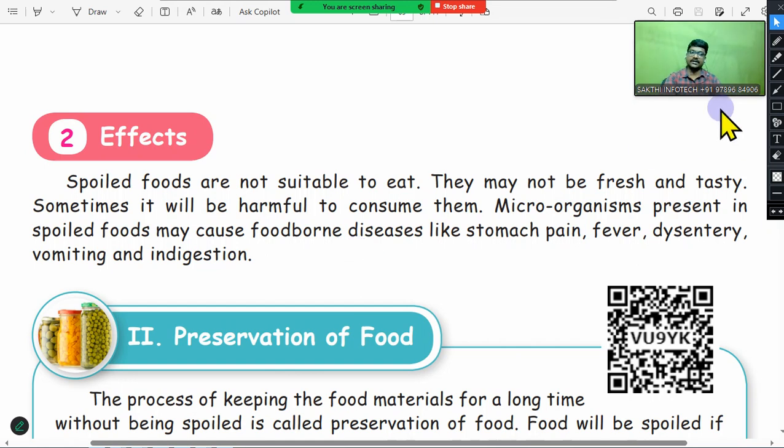Okay, last paragraph. Effects. Spoiled foods are not suitable to eat.